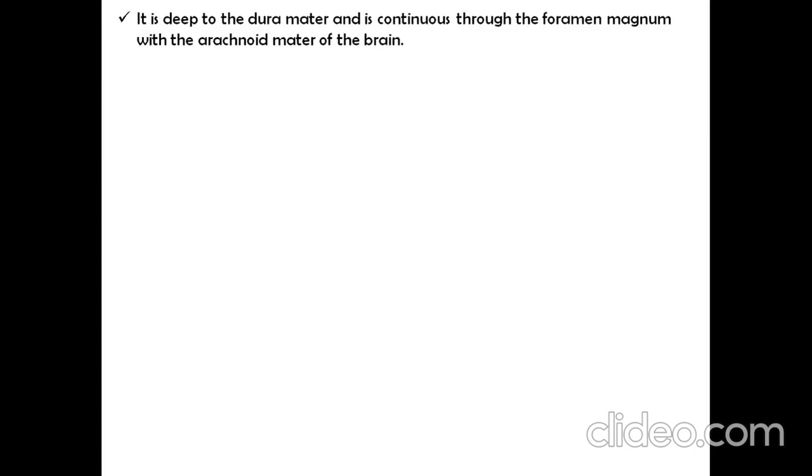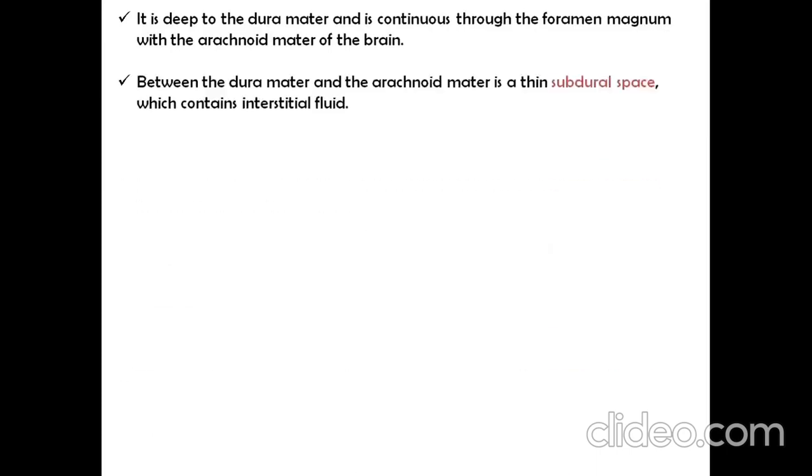It is deep to the dura mater and continues through the foramen magnum with the arachnoid mater of the brain. Between the dura mater and the arachnoid mater is a thin subdural space which contains interstitial fluid. It means the space between the dura and the arachnoid mater is called the subdural space.